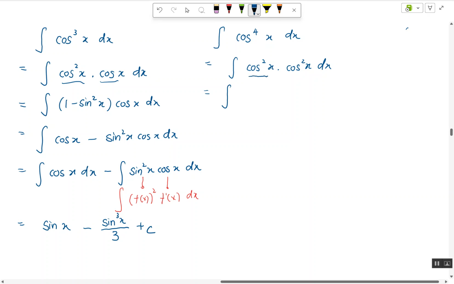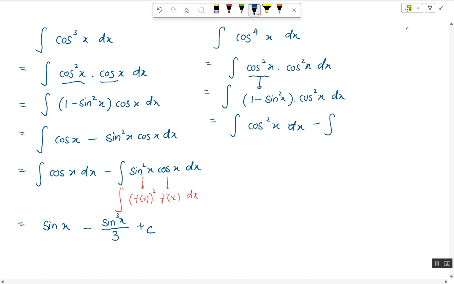Let's change this to become 1 minus sine square x. So all these are experiences and exposures that you have to know. When you expand it out, this will be the integral of cos square x dx, I'm going to split it now, minus the integral of sine square x cos square x dx.